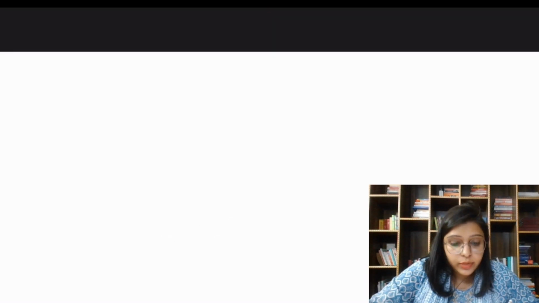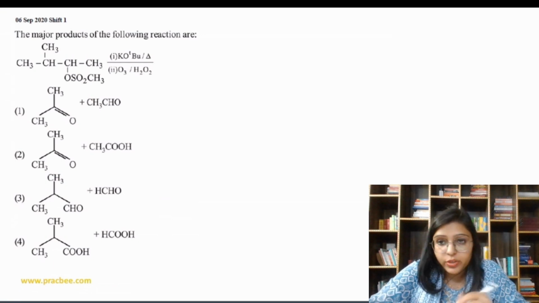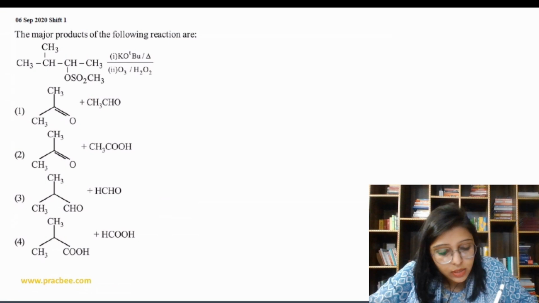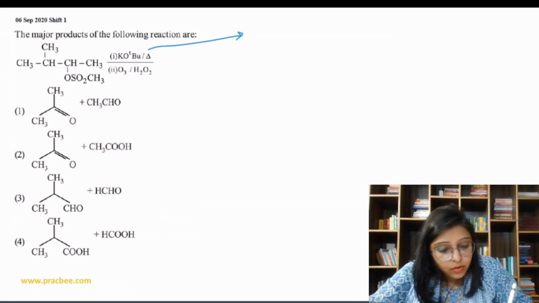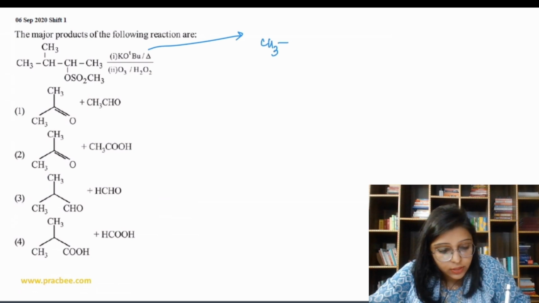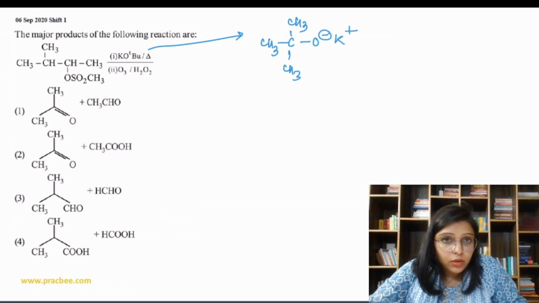Now let's do the next question. So we have: is the major product of the following reaction? So this is a reagent based question. So we have potassium tertiary butoxide, which is this CH3, C, CH3, this is CH3 and O minus K positive, right?